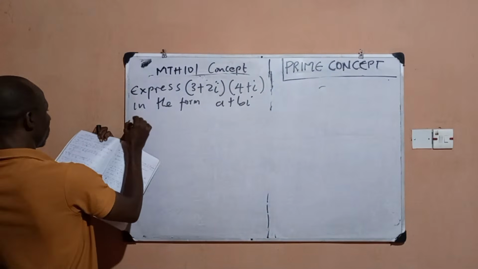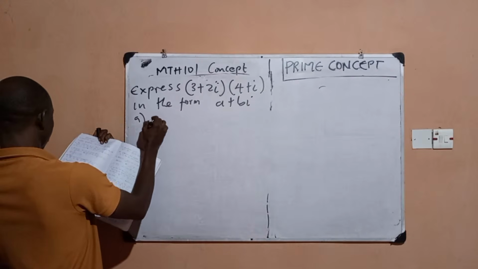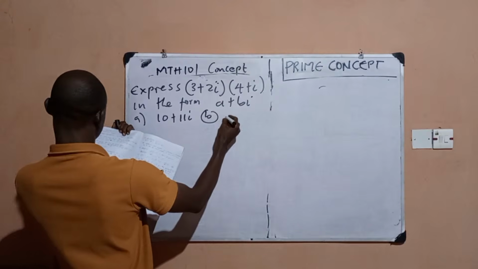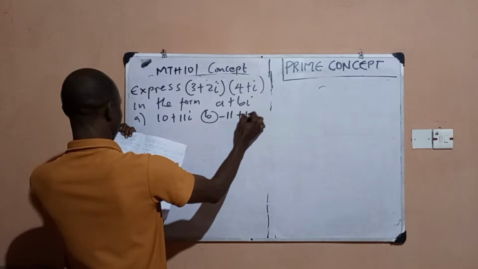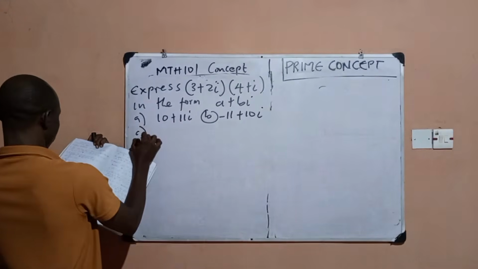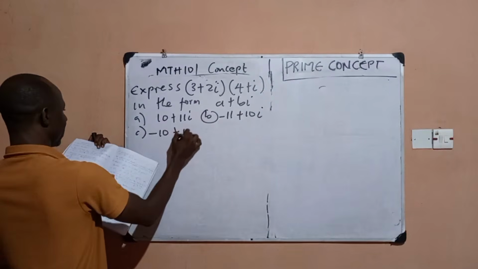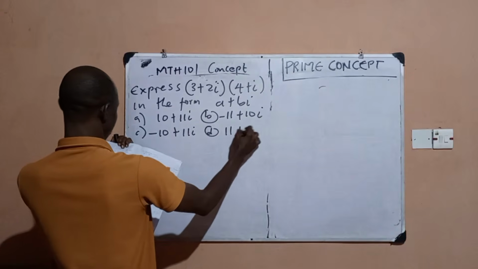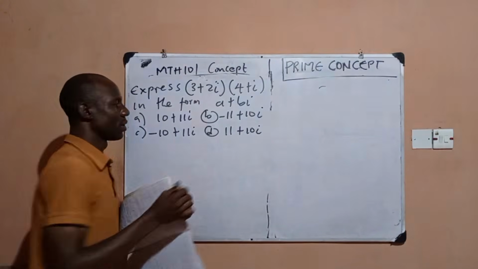So this is what they want us to do. Let me write the options: 10 plus 11i, minus 11 plus 10i, minus 10 plus 11i, 11 plus 10i. So these are what we have.